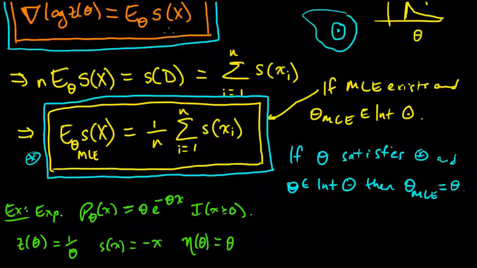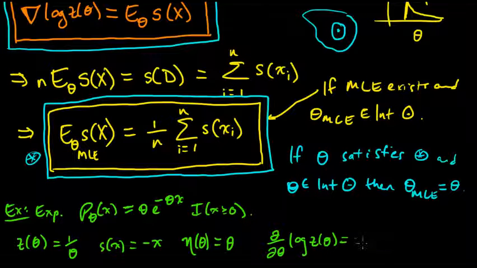So what does this tell us? The gradient, or actually just the derivative in this case, with respect to theta of log of z. Log of 1 over theta is minus log theta, so the derivative is minus 1 over theta.